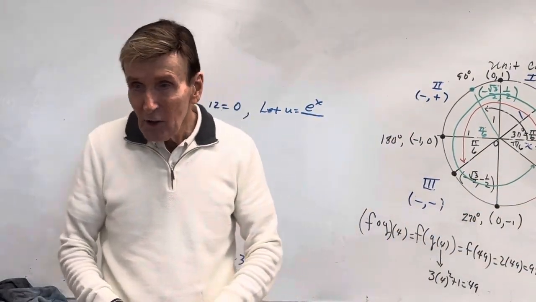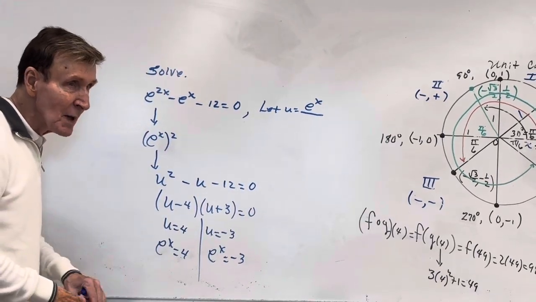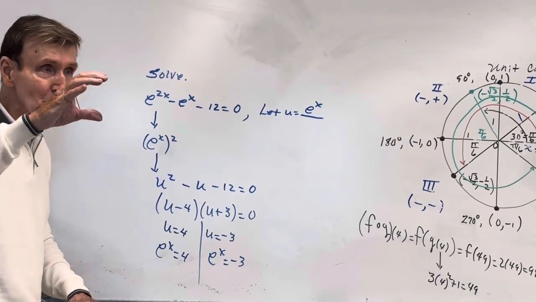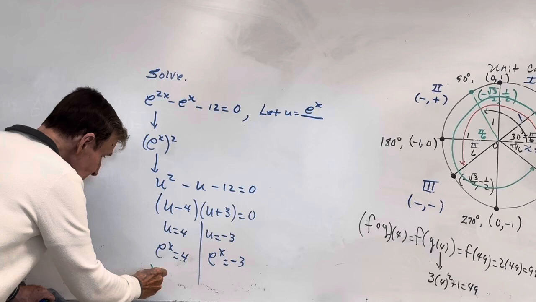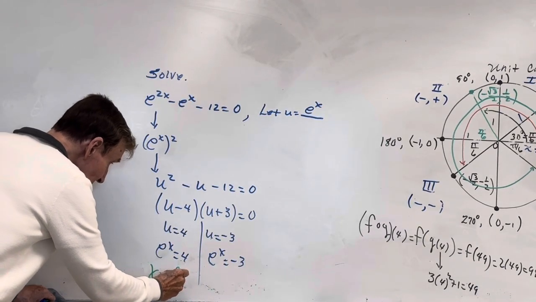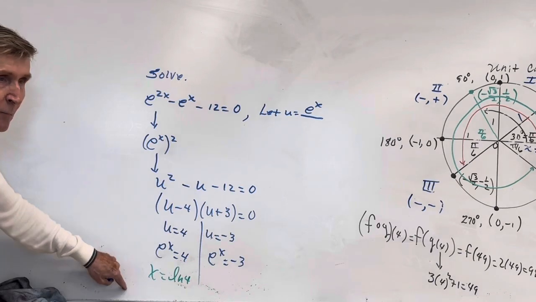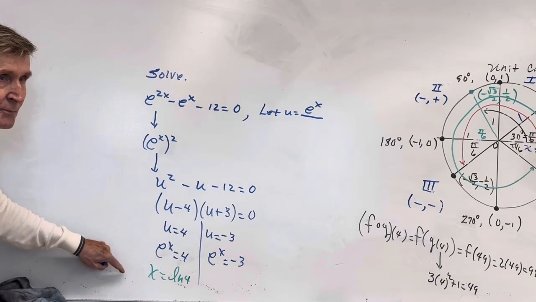Does anyone think they know just by merely observing this what x must be? ln of 4, or maybe another way to express it. Now, say, go for it. ln of 4. x is equal to ln 4. These two are saying the same thing.